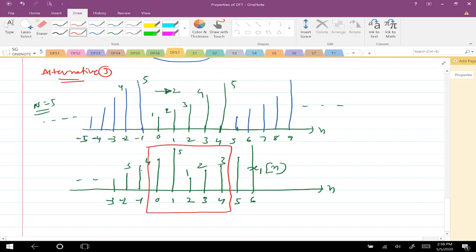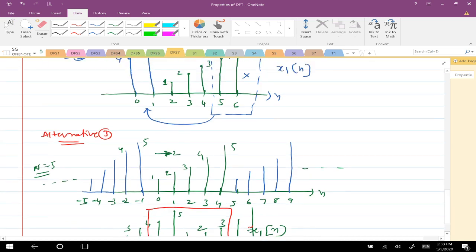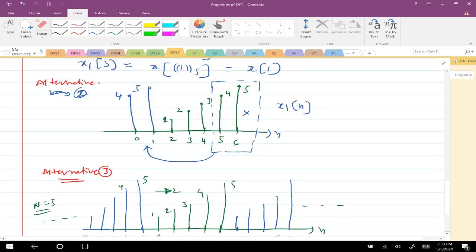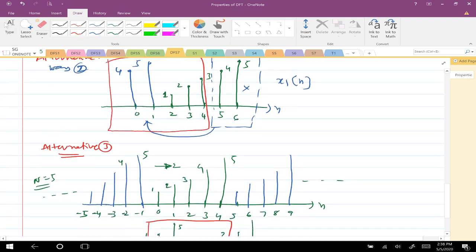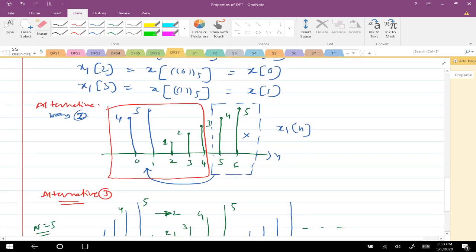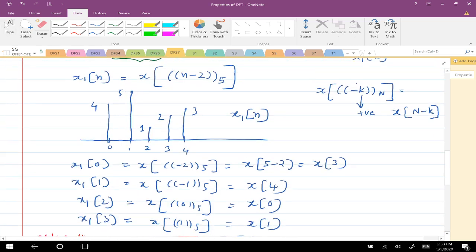This would be the x1 of n, otherwise the original one would be x1 tilde of n. If you take this, this would give you x1 of n. Again, you can see 4 5 1 2 3 here, and here this would give you 4 5 1 2 3 as your answer. Similarly 4 5 1 2 3 here.